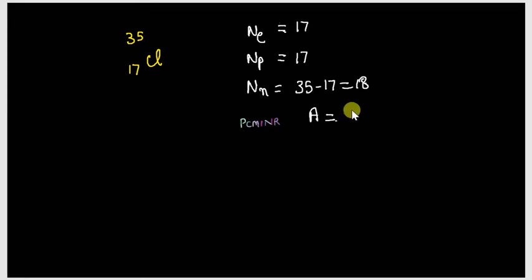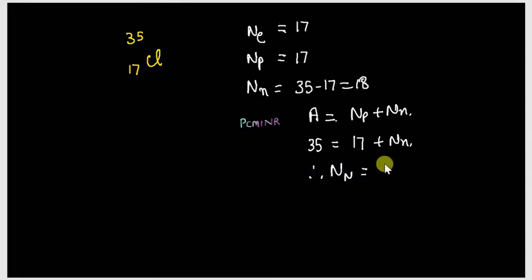Mass number is the number of protons plus the number of neutrons. So mass number is 35 and protons is 17. So the number of neutrons is simply the difference between the mass number and the atomic number. So that gives me 18 neutrons.